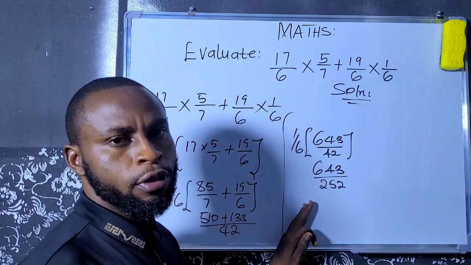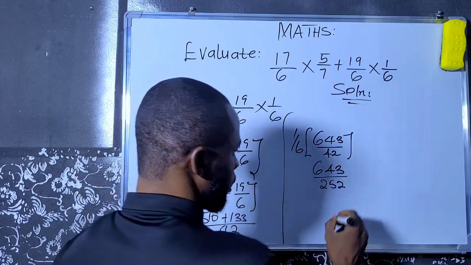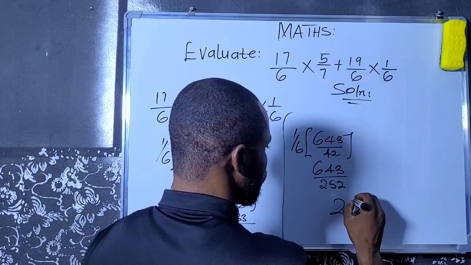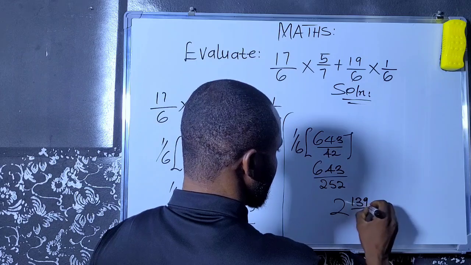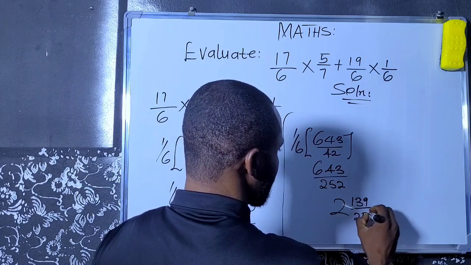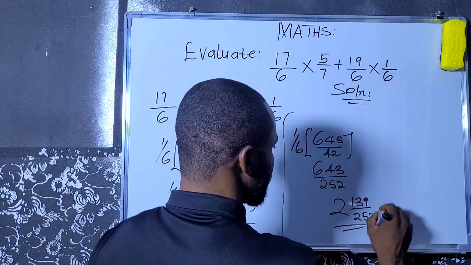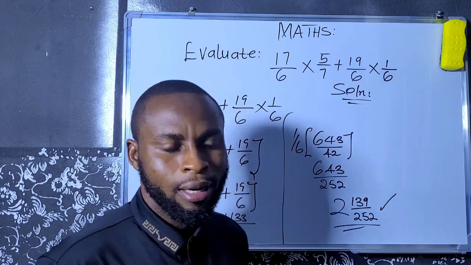You can still take this to a mixed fraction, or you leave it here. And if you do that, you're going to have 2 and 139 divided by 252, and this is the simplified answer.